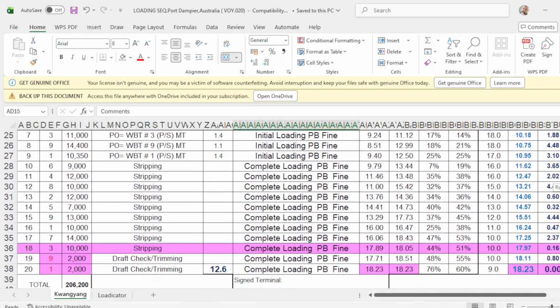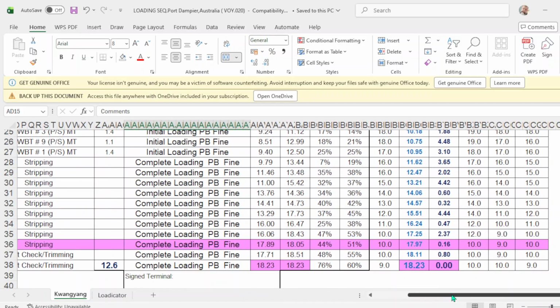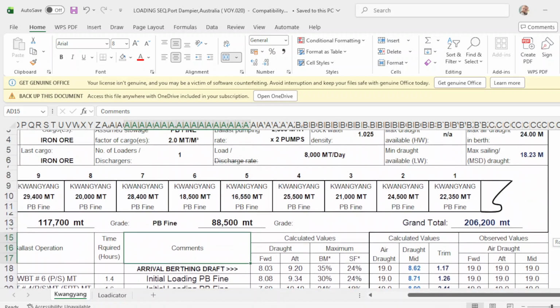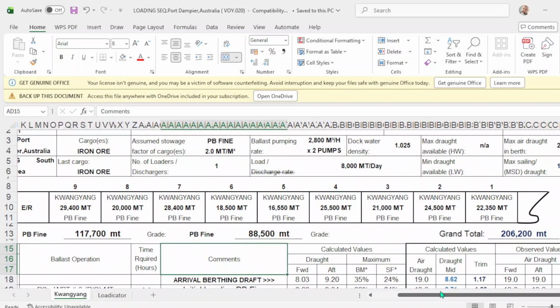So your final bending moment is 76% and your shearing force is 60%. You have even keel of 18.23 meters and your zero trim. With these bending moments and shearing force and your even keel of 18.23, this is the final cargo that you load in number 1.